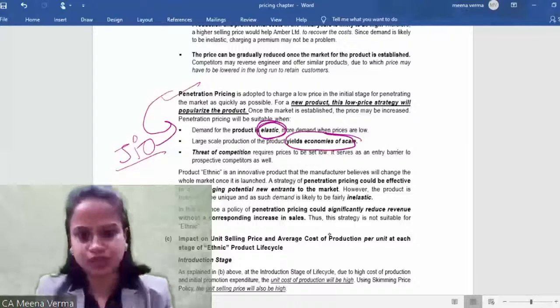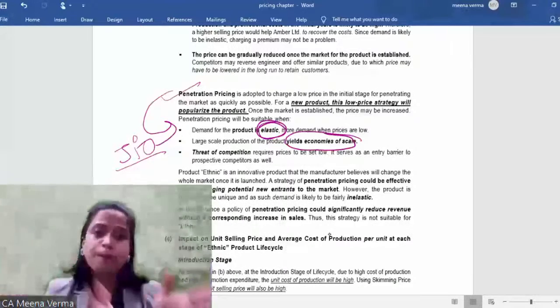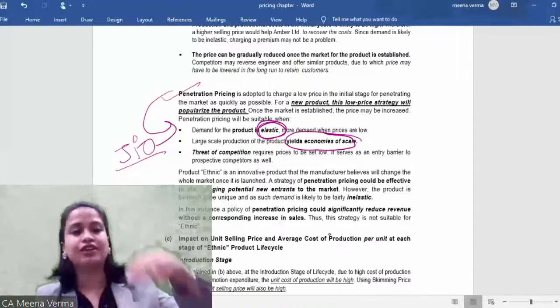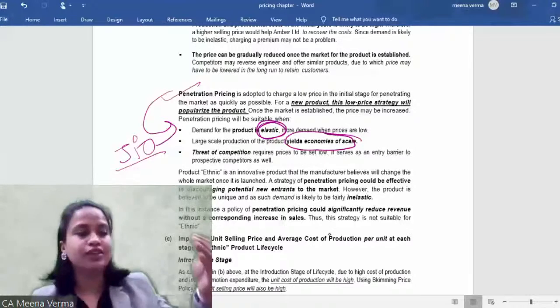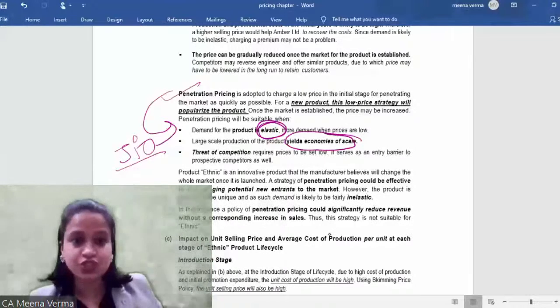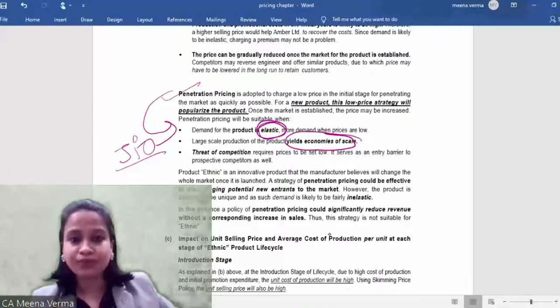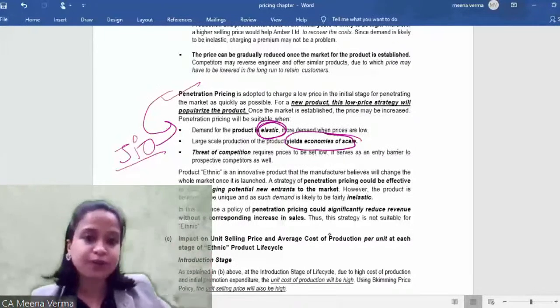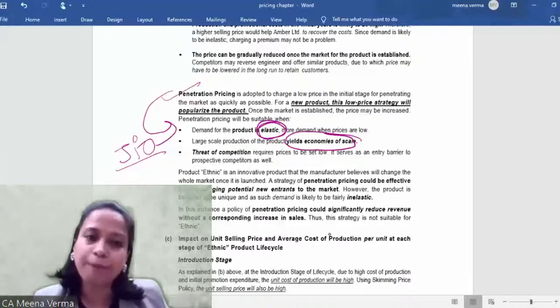And because of their low pricing strategy, they have become a threat for other companies. You know that Airtel and Voda filed a case against Jio in the Supreme Court. So after following the market penetration strategy, they became a threat for the competitors.